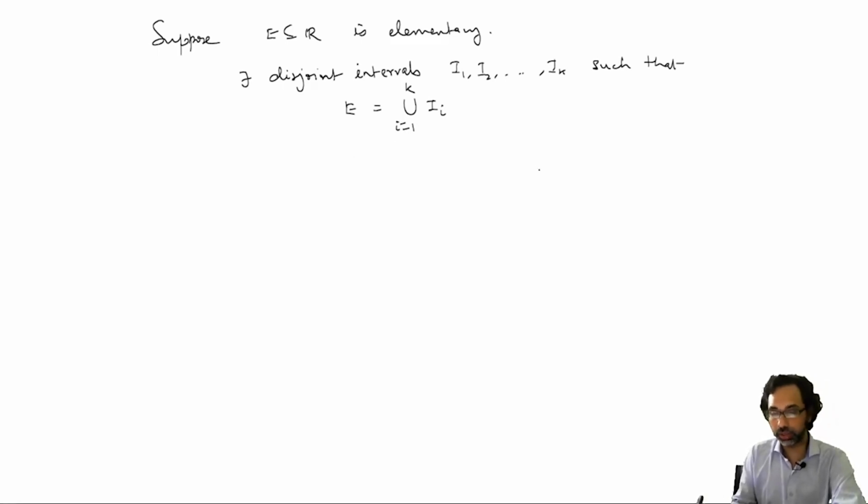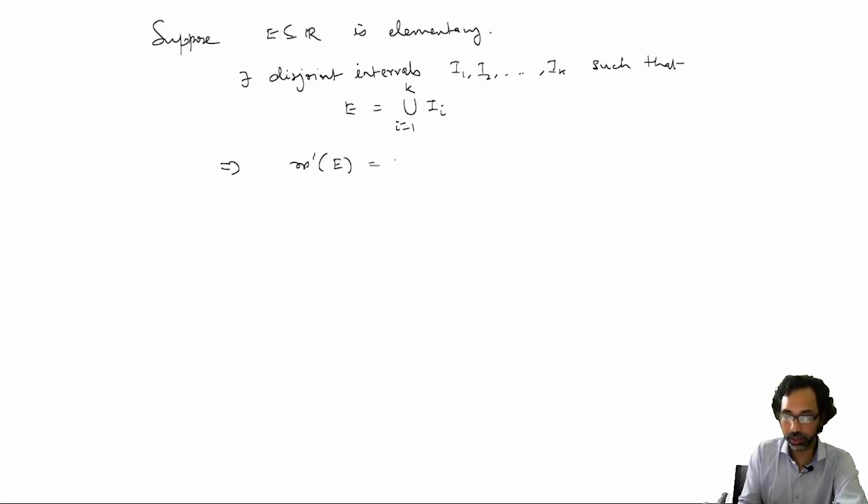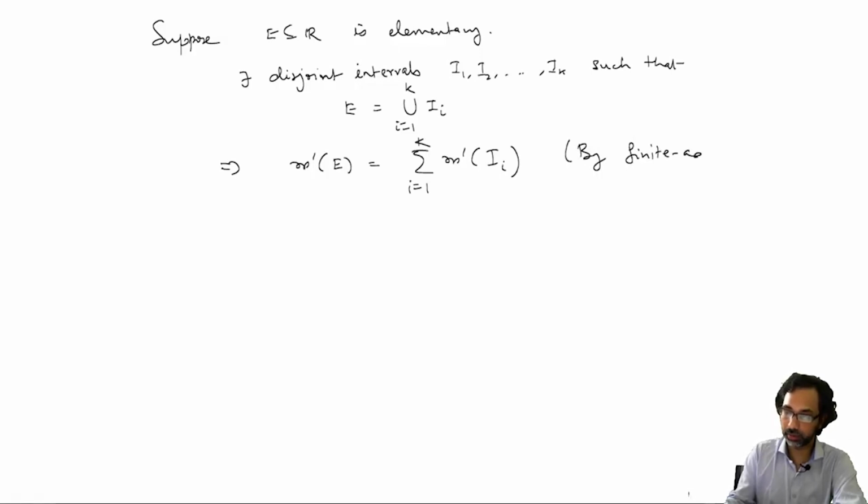So now this is a disjoint union, and therefore M prime of E is equal to the sum, i equal to 1 to k, of M prime of Ii, by finite additivity, the finite additivity property of M prime.